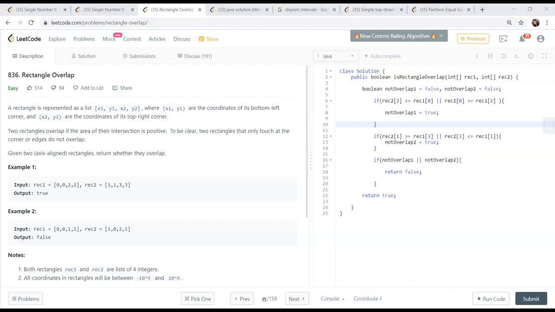So the distance between the centers of the two rectangles will be half of the length of one rectangle plus half of the length of the second rectangle. If the distance is greater than this, then they are not overlapping on the x-axis. Similarly, if the distance between the centers is less than half of the breadth of the first rectangle plus half of the breadth of the second rectangle, then they're overlapping.